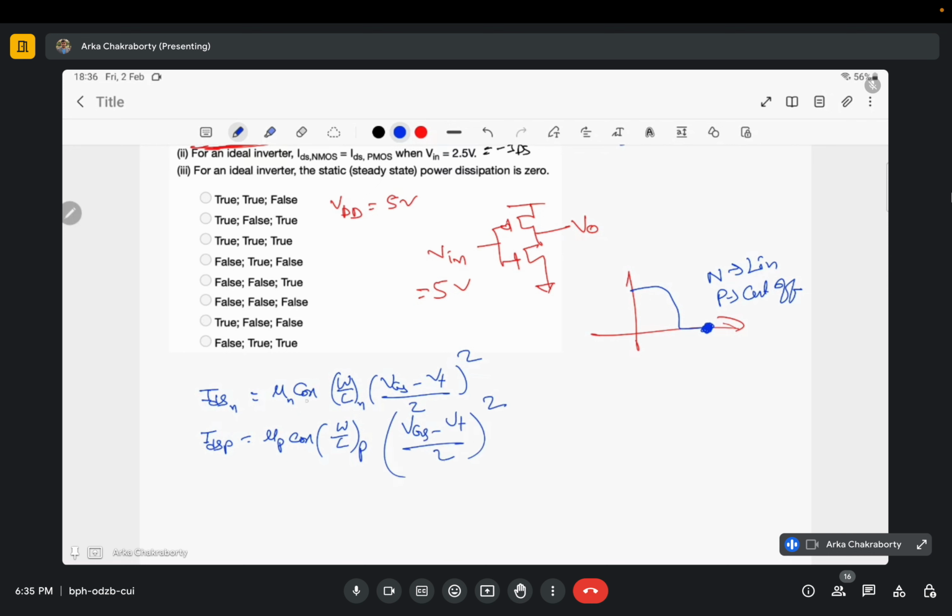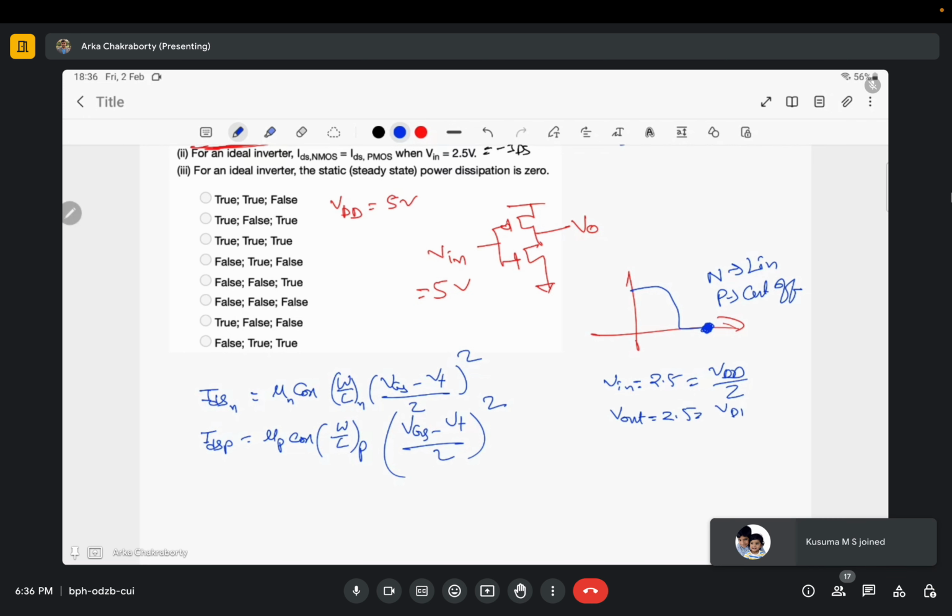Okay. So generally mu n is twice of mu p, so let me consider W by L of p is twice of W by L of n, so that I get a symmetric structure, symmetric rise time and fall time. And here, as my V input is 2.5 volt, which is VDD by 2, my output would also be 2.5 volt, because it is a symmetric structure. Okay, so it's simple.